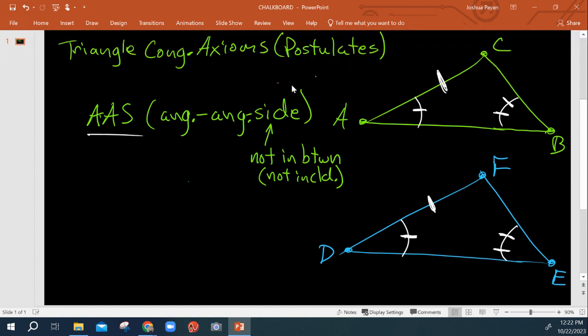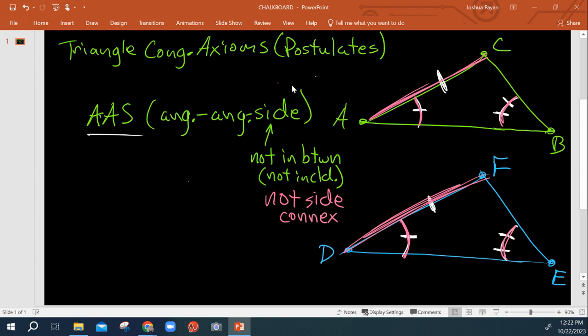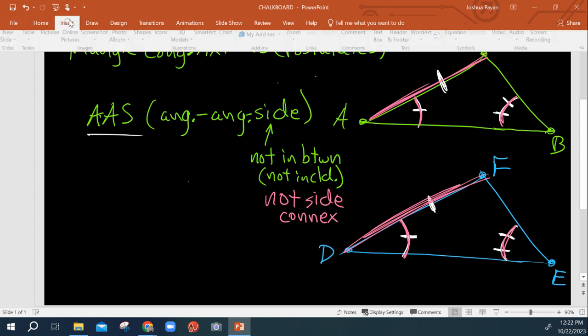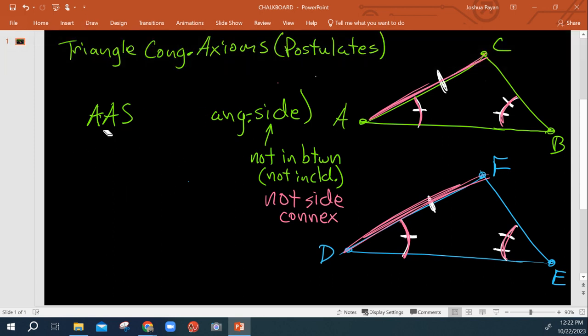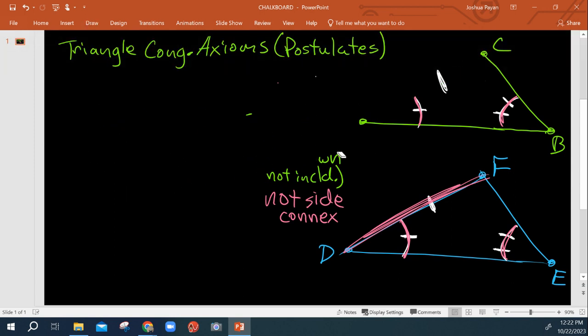And what we mean to say here is, well, we've got two angles that they share, that they have the same, and they have a side length, right? Now this time it's not the side that connects the angles. Okay, and yes, I know that's not how you spell connects, I'm just abbreviating. I'm a math teacher, not an English teacher. Anyway, so that would be angle-side.